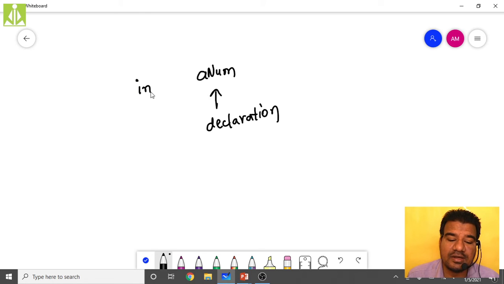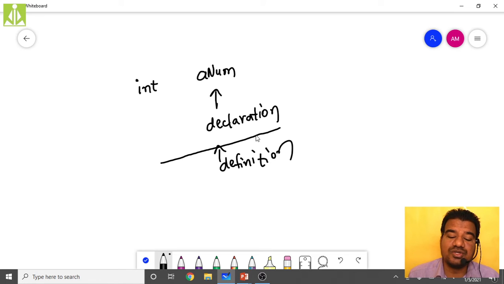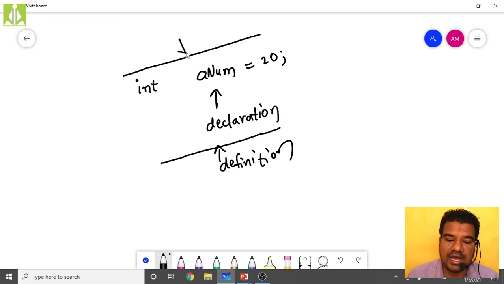The keyword int I am using before the variable name, so this entire thing becomes the definition. From here to here, this is my definition. If I initialize the value to it, let us say anum as 20, then this entire thing becomes initialization.